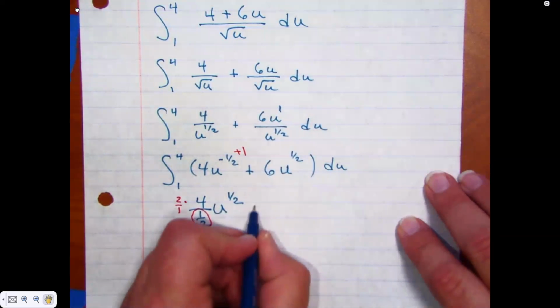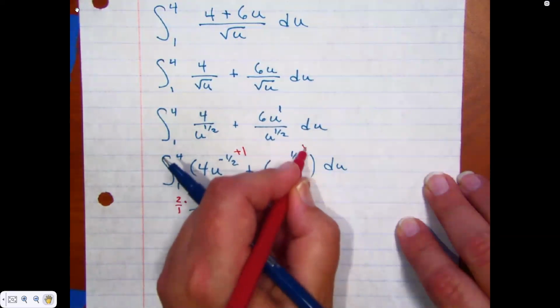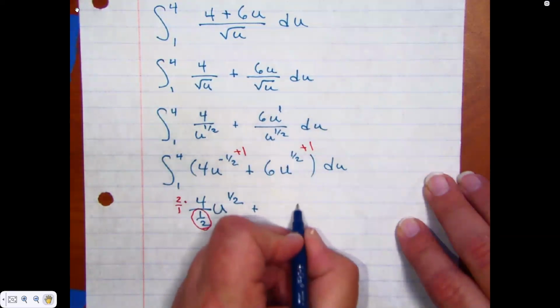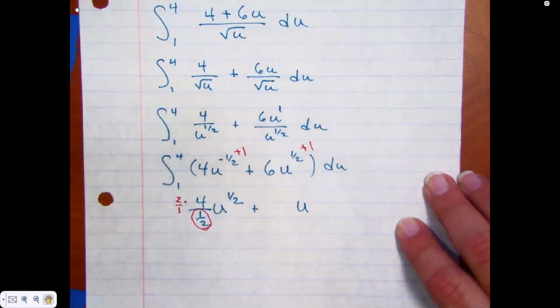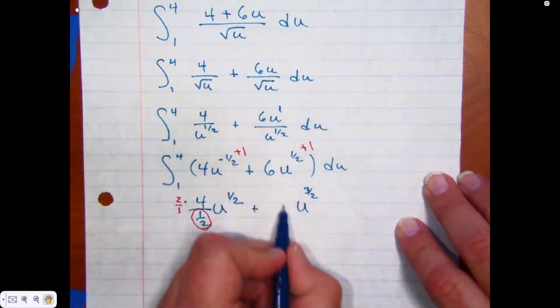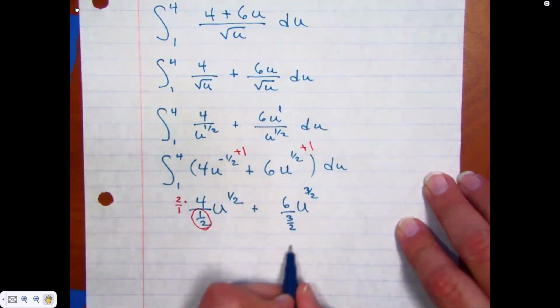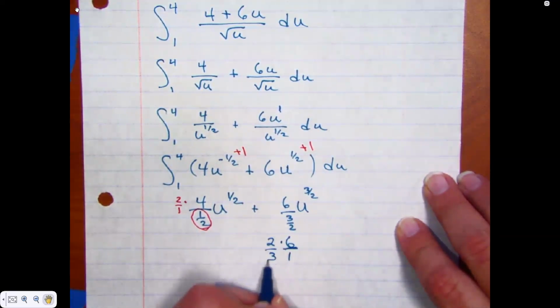Let's do this next one. So adding 1 here actually takes us to 1.5 or 3/2. And then 6 divided by 3/2 is the same as 6 over 1 times 2/3.